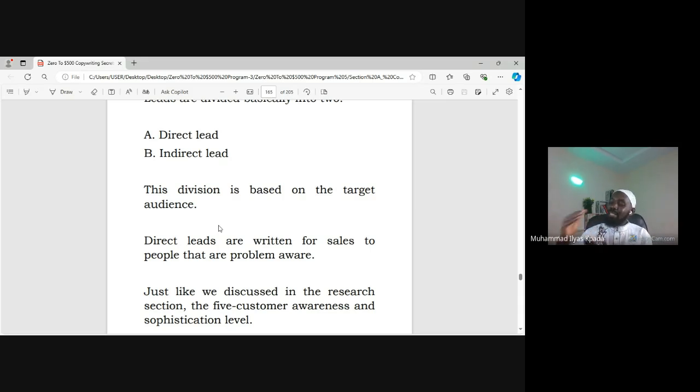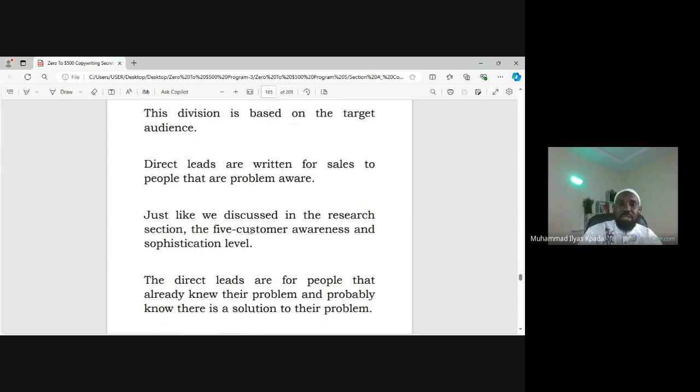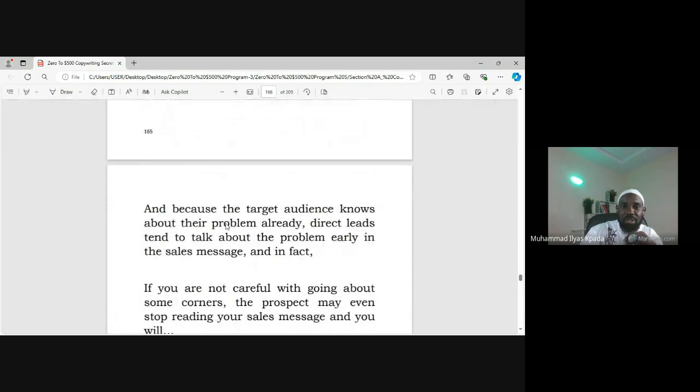The problem solution lead is based on people that know they have a problem and they are looking for a solution, right? The prediction lead is based on people that don't really know they have a problem, but they are looking for opportunities if there are any, right? So the division is based on the target audience. Direct leads are written for people that know their problem, just like we discussed in the research. Okay, I just write this in.